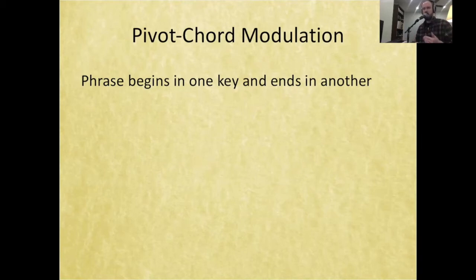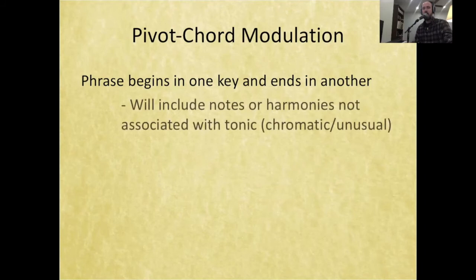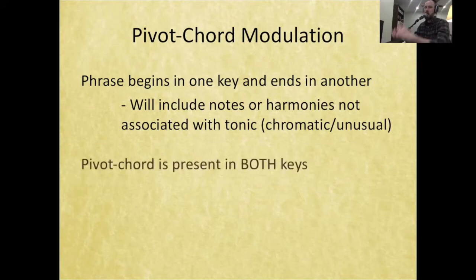Pivot chord modulation, and modulation in general, happens over the course of the phrase, in the middle of the phrase. And so we're going to start to see that we find these notes and harmonies that don't belong with the old key, that start to pull us into the new key. And our best way to do that is through the pivot chord, which is present in both of these keys, right?